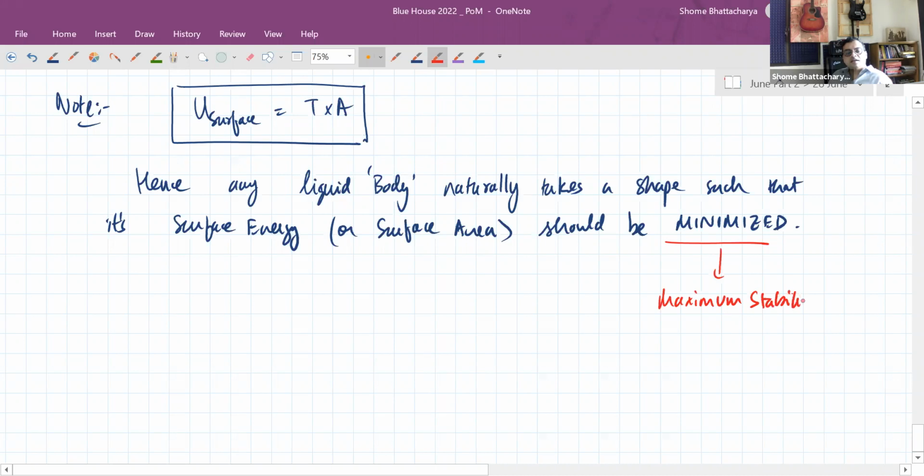Any system has high stability when its potential energy or energy associated with internal conservative forces is at a minimum.